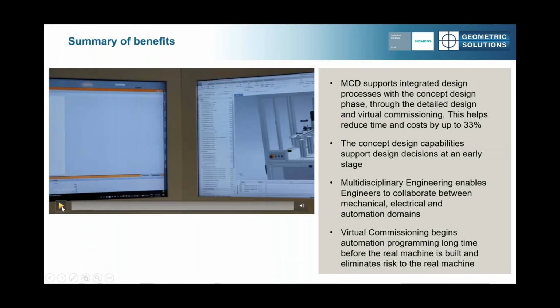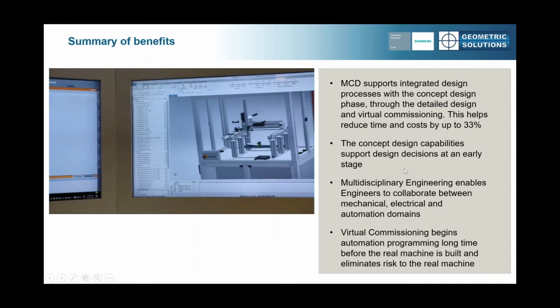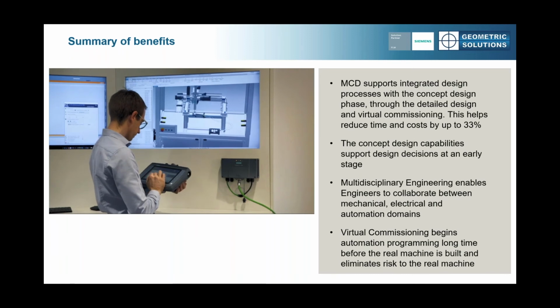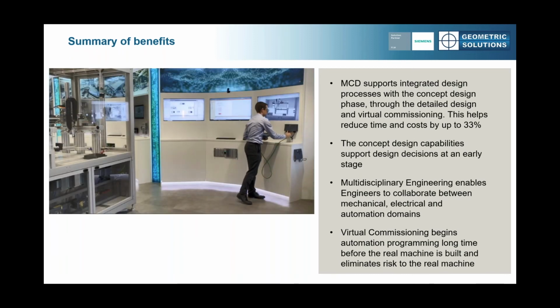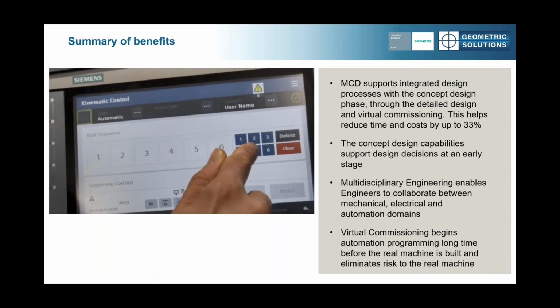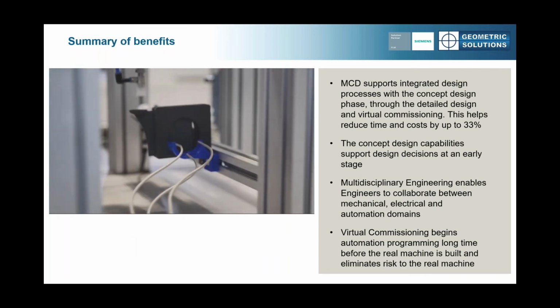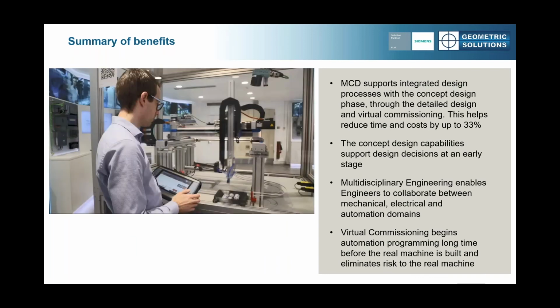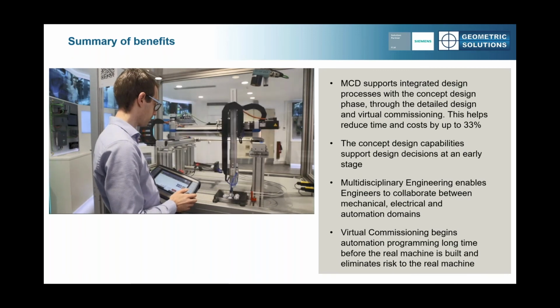As we had brought out, with MCD, we're able to save about 33% of our time when we start with the concept stage, all the way to detailed design, and then lastly with virtual commissioning. You can be a third ahead of everybody else. We're able to test out the machines, make sure that they're working.